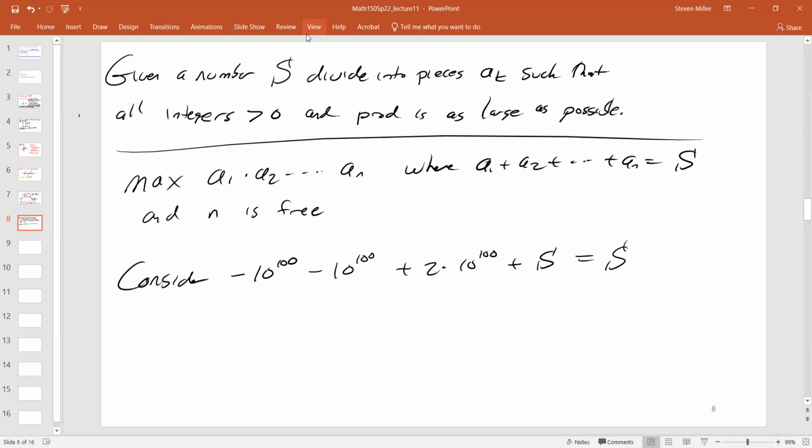Why don't I want some of the terms to be 0? Yeah, the product would just be 0. So also, if some A_k equals 0, the product equals 0. All right, so we at least now understand where these conditions are coming from.